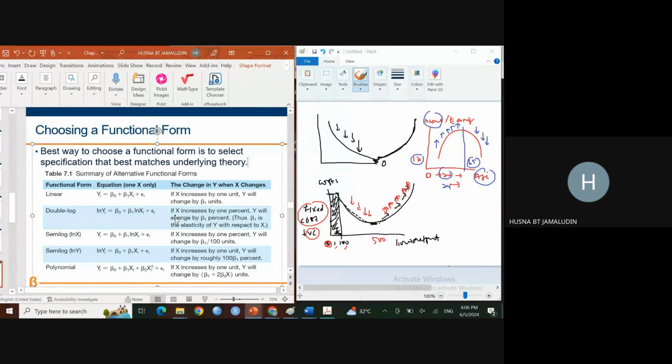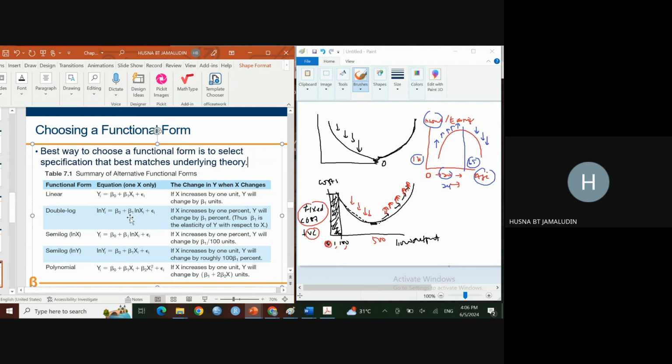Second, this is the log functional form. Remember, your dependent variable is log, and your independent variable is also log. When we have log on both sides, we are talking about elasticity. Elasticity is in the form of percentage. So how do you interpret it? If x increases by 1%, always by 1 unit, but because it is log, it's a percent, y will change by beta 1%.